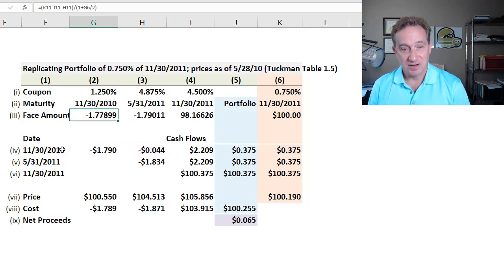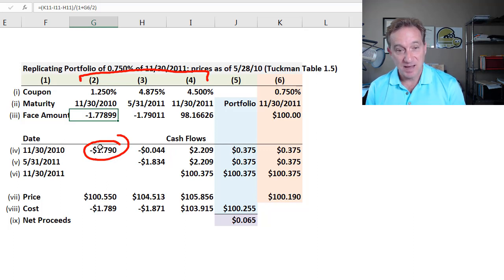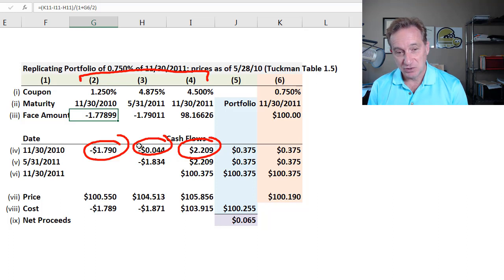And in this case, for the 6-month bond that's part of my replicating portfolio, I also end up with a short, so that my cash flow in 6 months as part of the replicating portfolio, which is now all 3 bonds, includes this negative amount that I'm going to have to pay as part of this bond that I've shorted, and this negative amount that I have to pay as part of this bond that I've shorted, plus this amount that I'm going to receive as part of this bond that I've purchased.